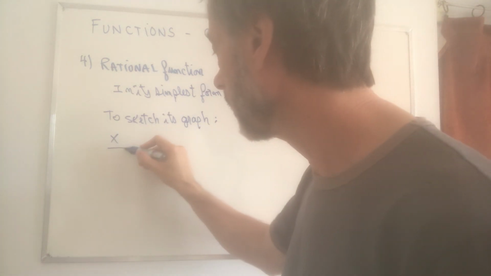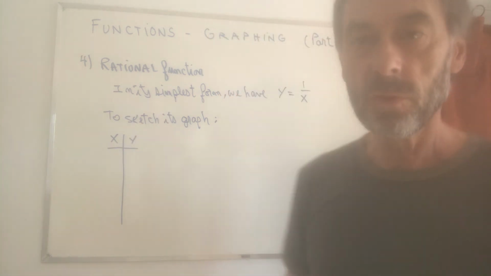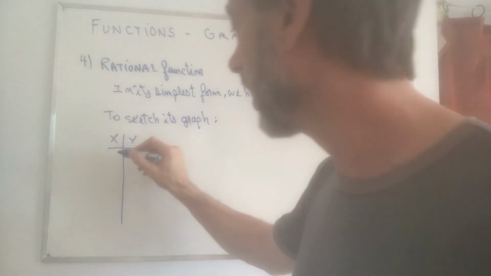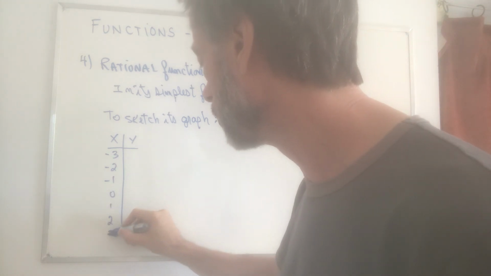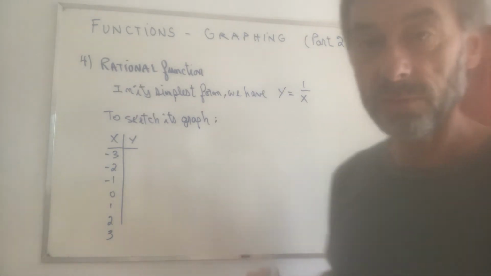Yes, that's the usual standard way to do that. Now, basically, I'm just going to try a couple of values here. So -3, -2, -1, 0, 1, 2, 3. And these x's I'm going to put into my function 1 over x.